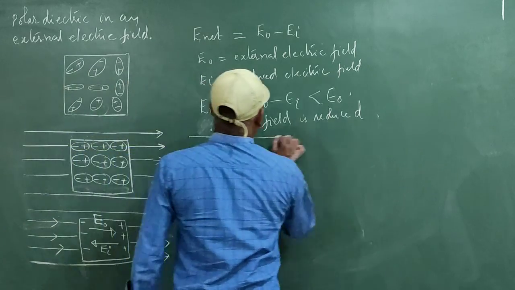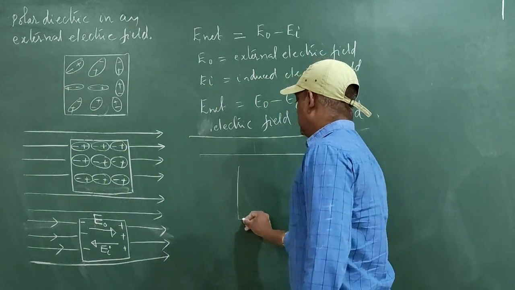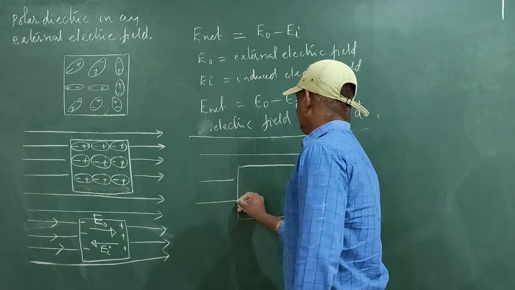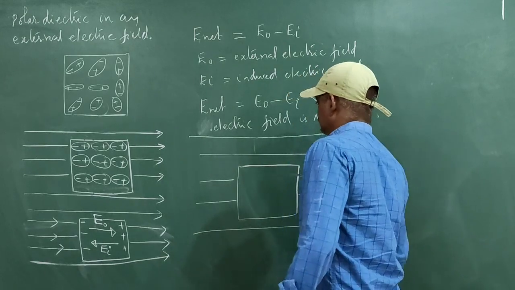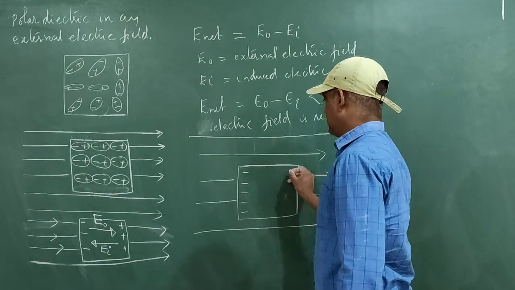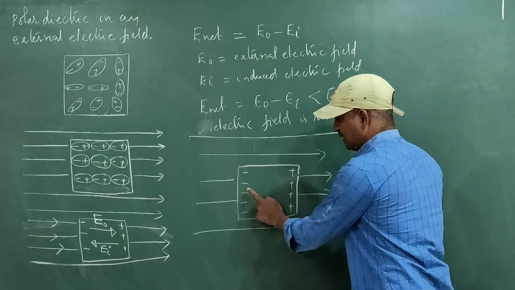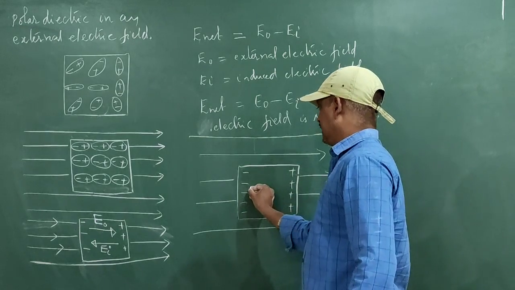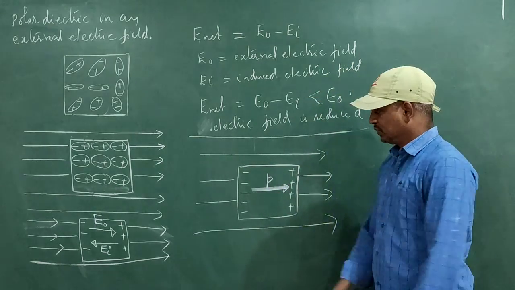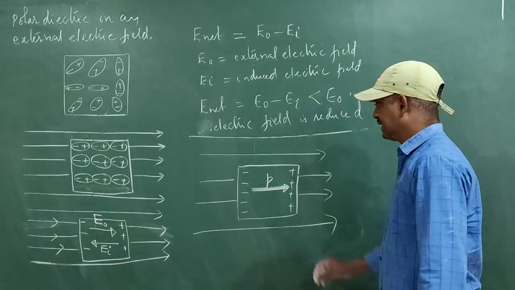Now see carefully. Whether it is a polar dielectric or a non-polar dielectric, if you keep them in an external electric field, on this side we have negative charges and on this side positive charges. So a dipole moment is created.